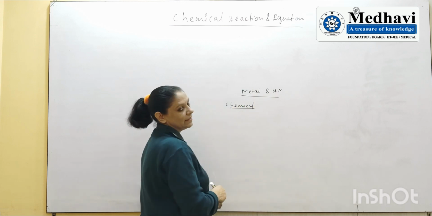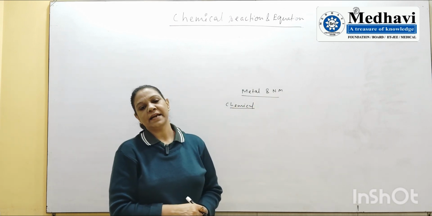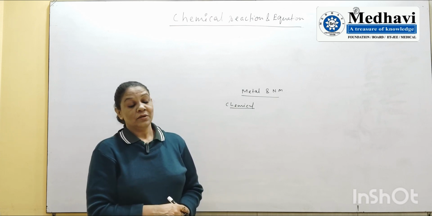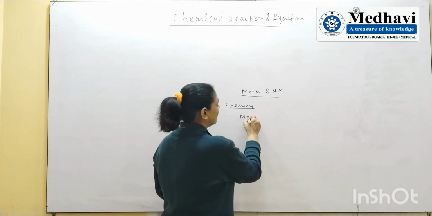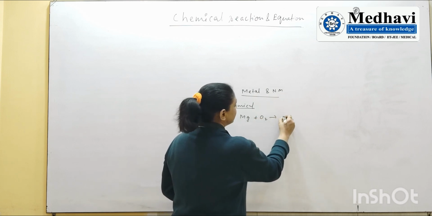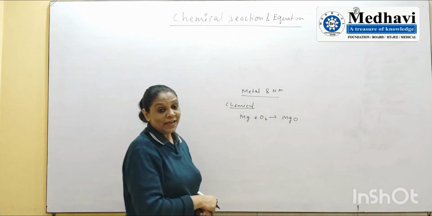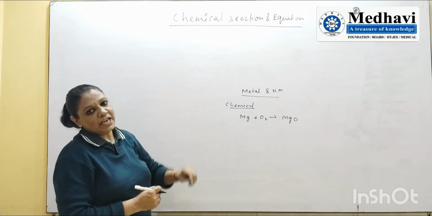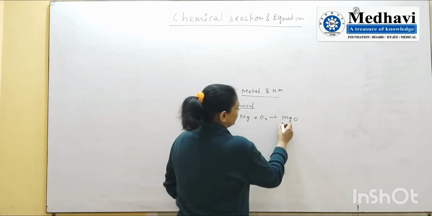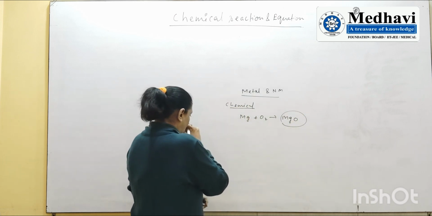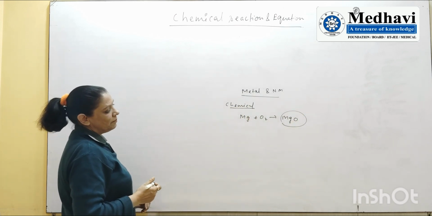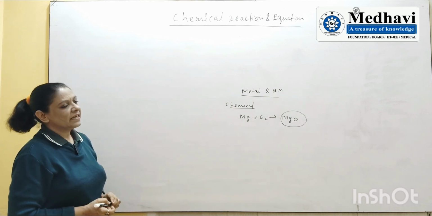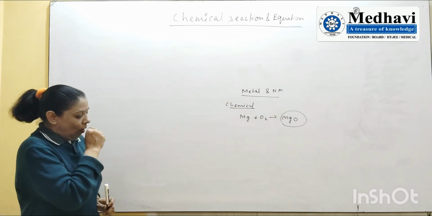For example, magnesium reacts with oxygen to produce magnesium oxide. So here 2 parts are taken from this chapter. First is the formation of the formula and second is the balancing. So this part has been taken from chemical reaction and equation.